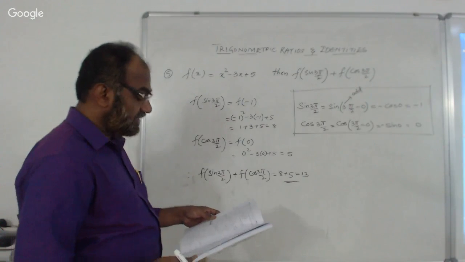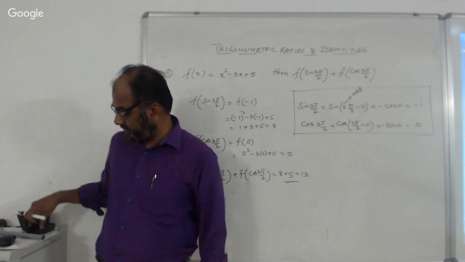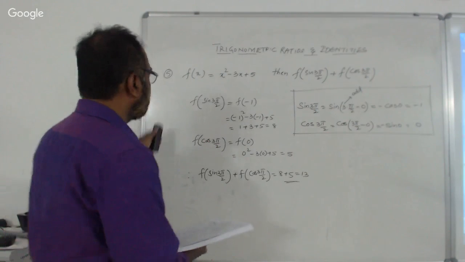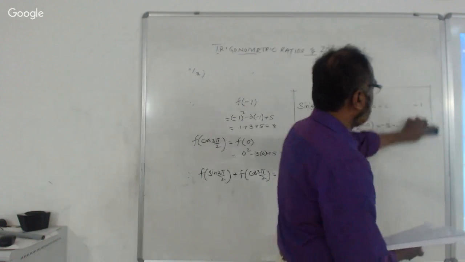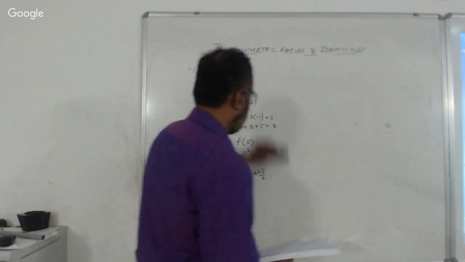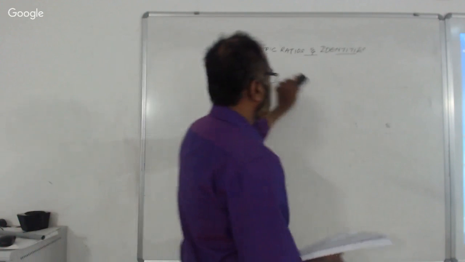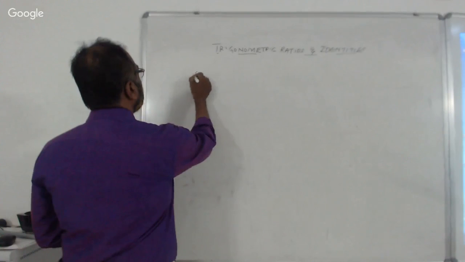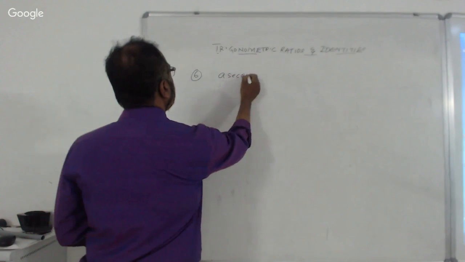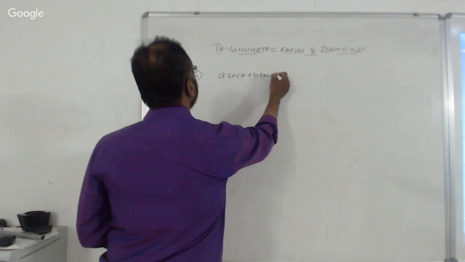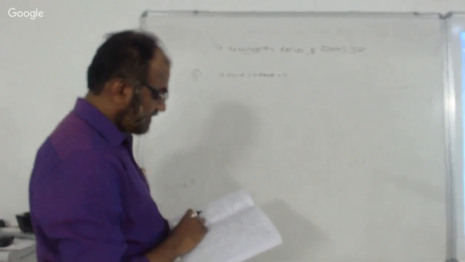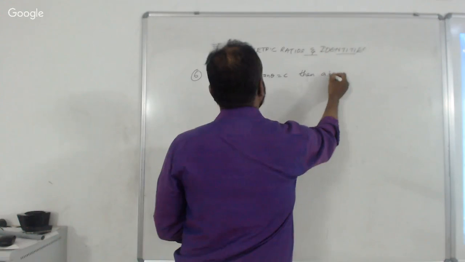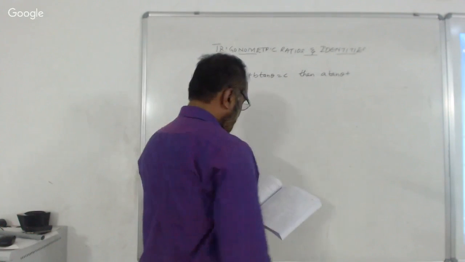One more question. A secant theta plus B tan theta equals C. Then what is A tan theta plus B secant theta whole square?